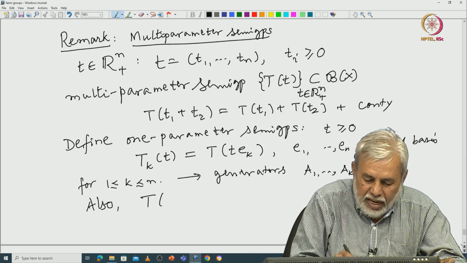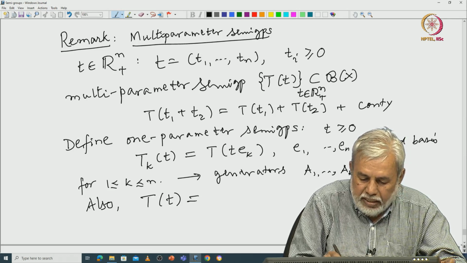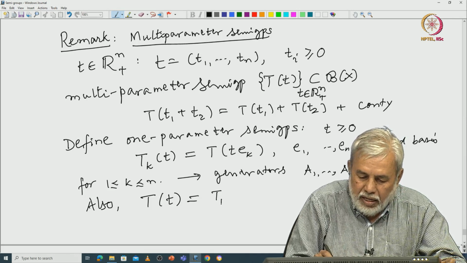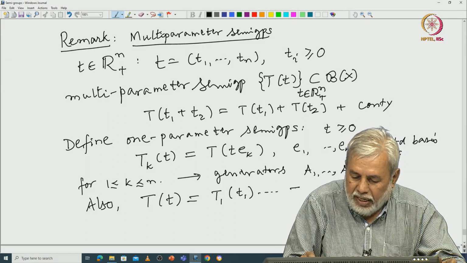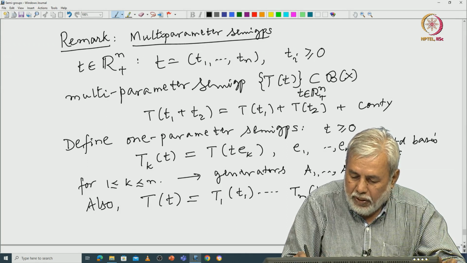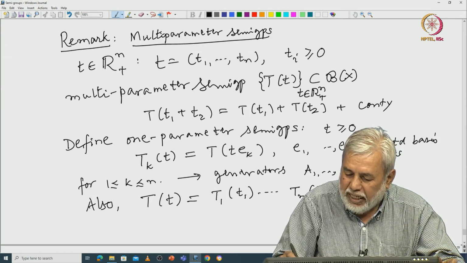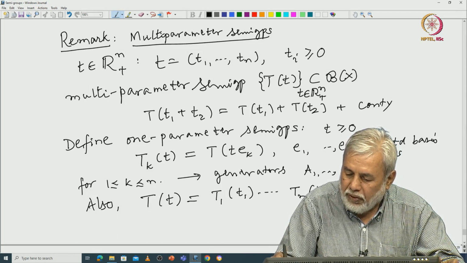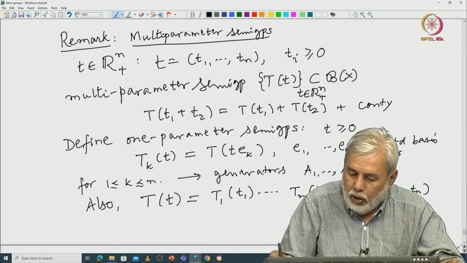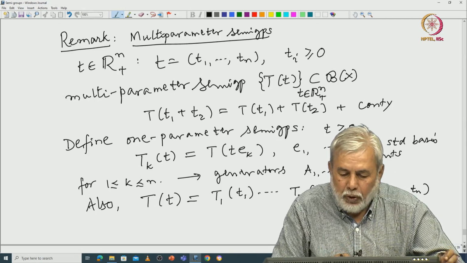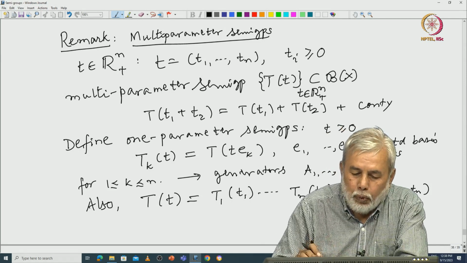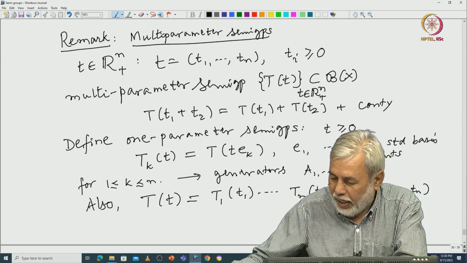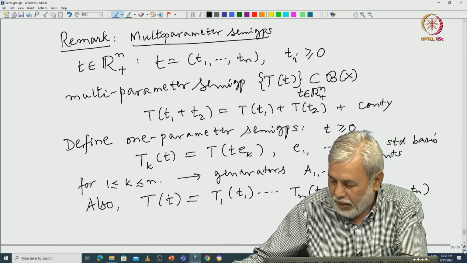T(t) is T1(t1) T2(t2) ... Tn(tn). So order is immaterial. Okay, so they all commute. So a multi-parameter semigroup can be written as a product of one parameter semigroups.